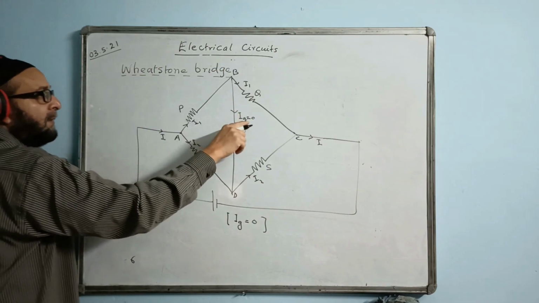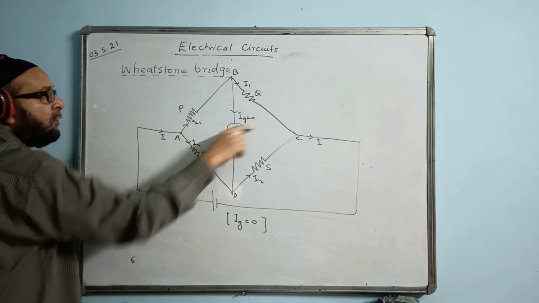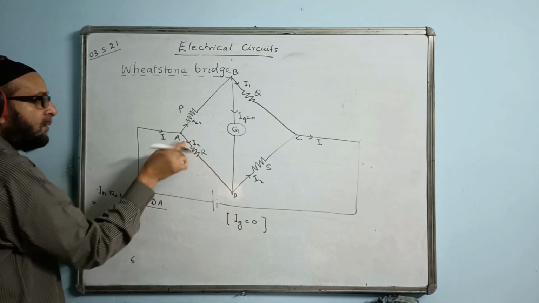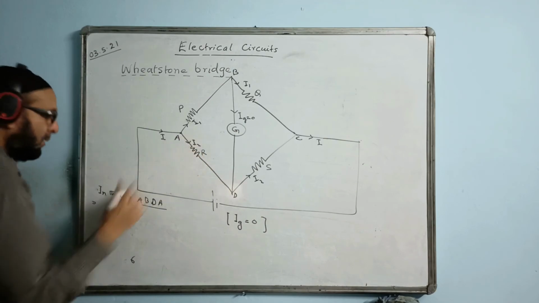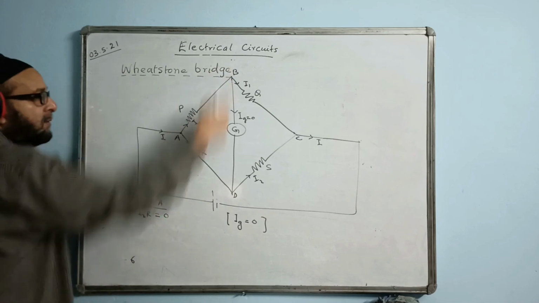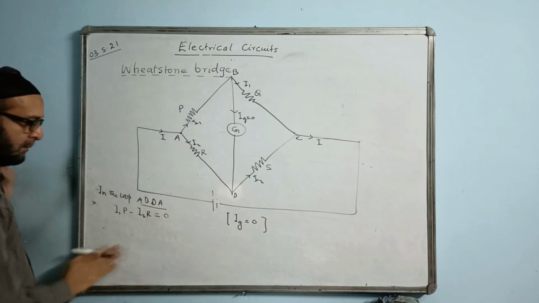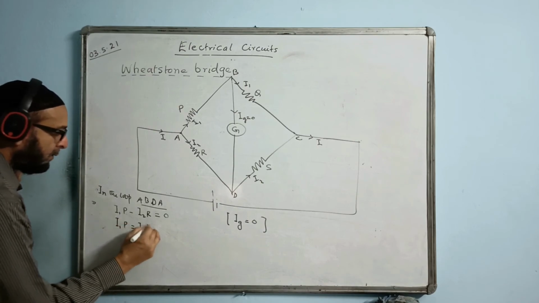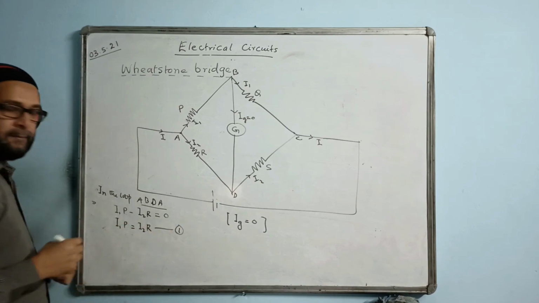I am supposed to multiply the galvanometer current into its ohm, but 0 into anything is 0, so forget about it. This one now will be in the opposite direction, minus I2R. There is no battery in this part, so I write equal to 0 volt. I write I1P equal to I2R and mark it as equation 1.